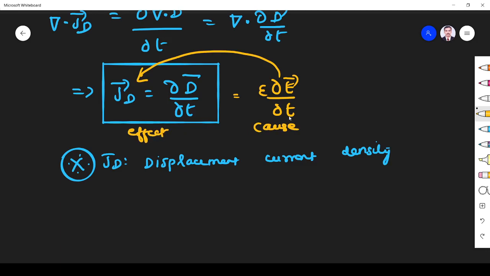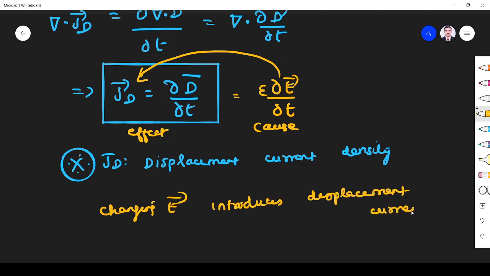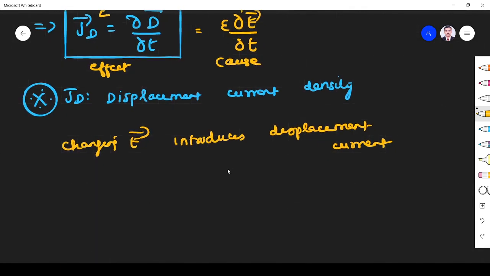So dou E by dou T causes JD. That means a changing electric field introduces displacement current. Right? So a changing electric field is introducing displacement current.